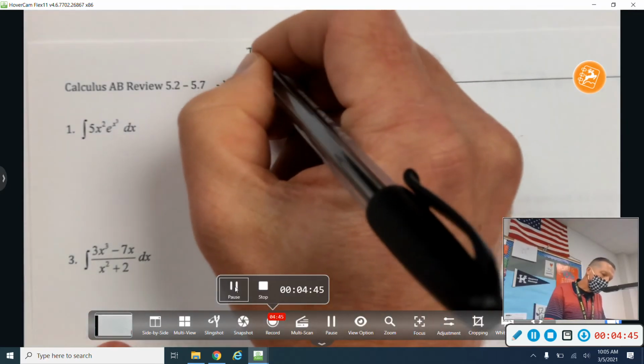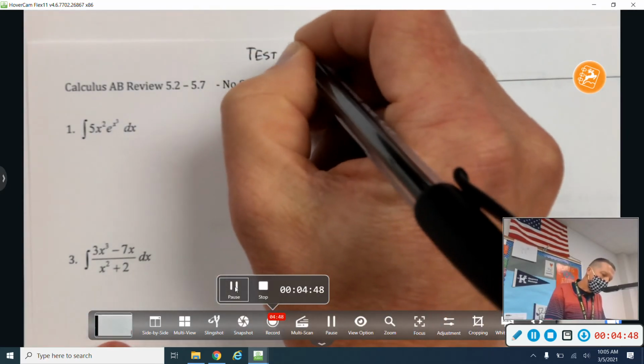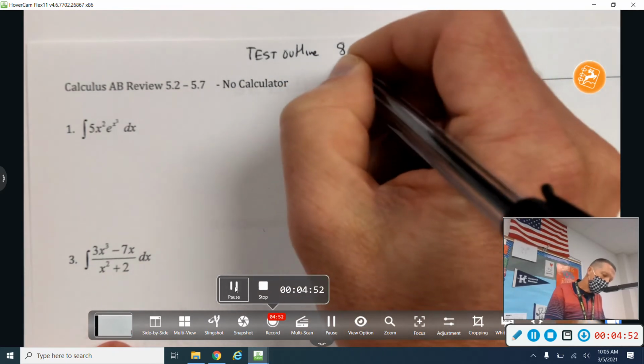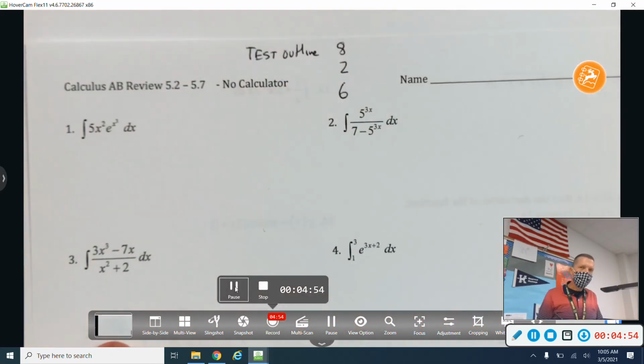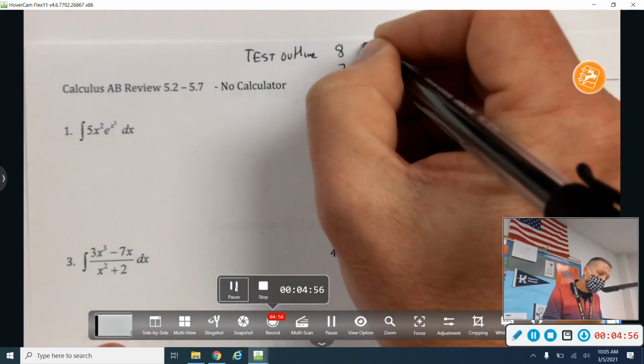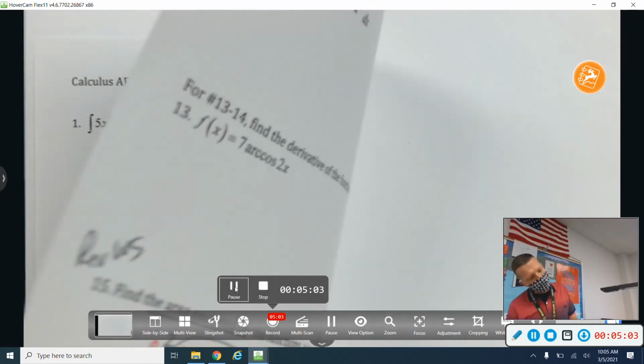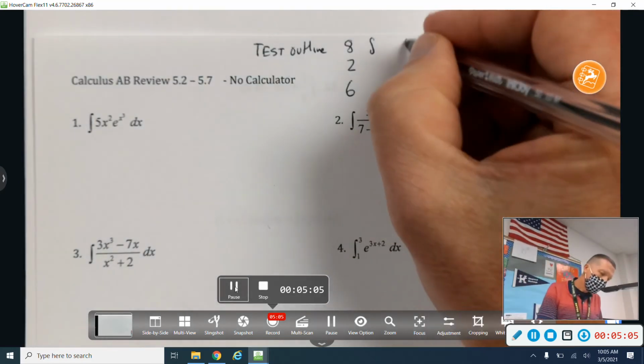So, test outline. 826, if I remember the order right. 8 integration problems. That's like 1 through 12 on the review.